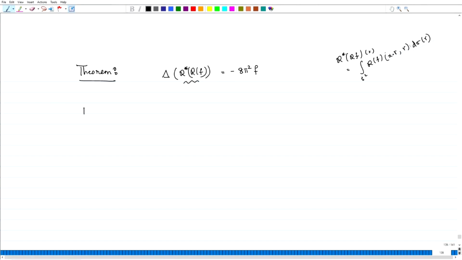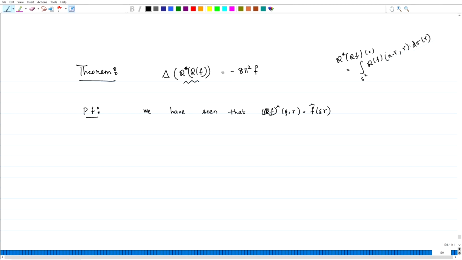So, what is the proof? We have already seen that the Fourier transform of Rf at xi, gamma is equal to f hat of xi gamma.